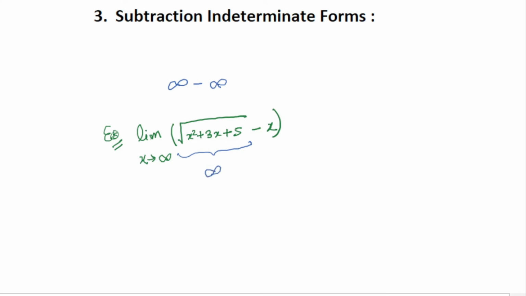So the whole thing is approximately infinity minus infinity, and there is a minus sign. So this is the subtraction indeterminate form. This is how it looks, so we can easily understand it.